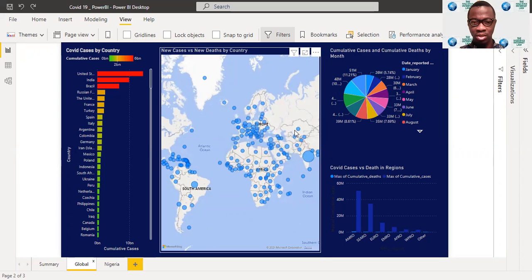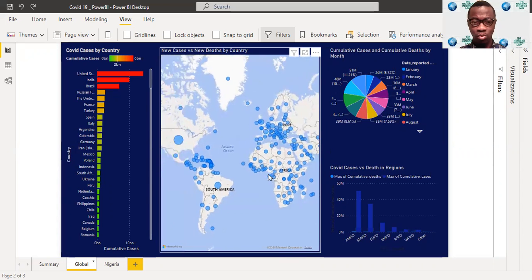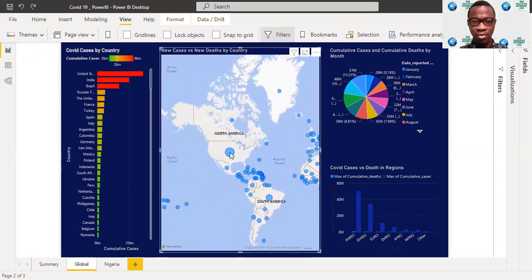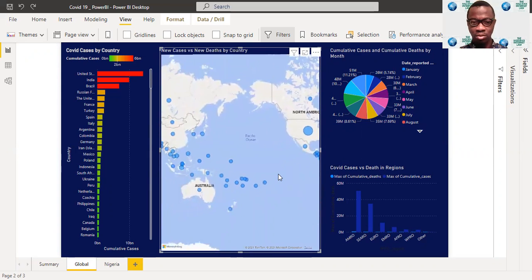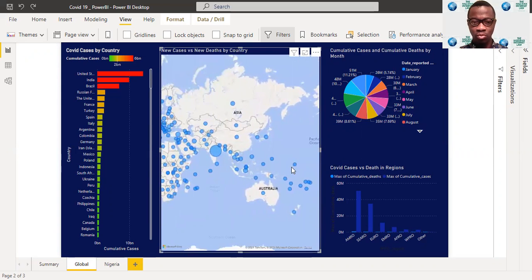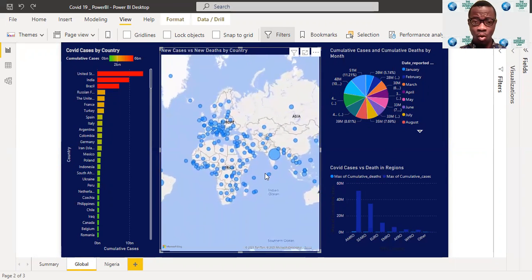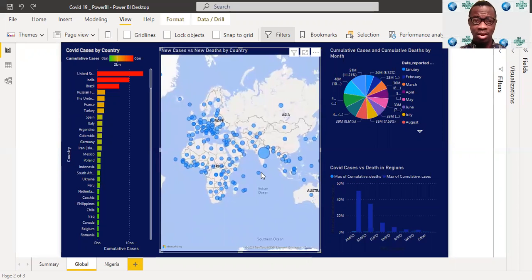This map shows different countries around the world, and I could move the map and see other regions. This is North America, this is the United States, and so the map shows the spread of COVID-19 all around the world, which means the whole world has been impacted by COVID-19.